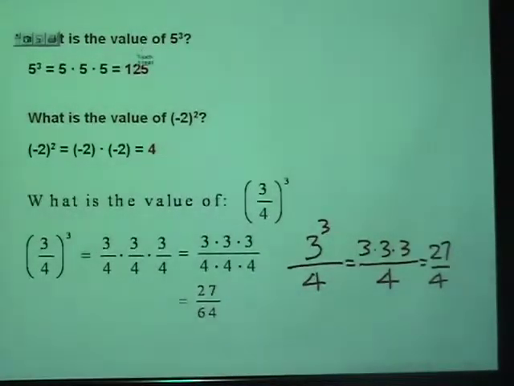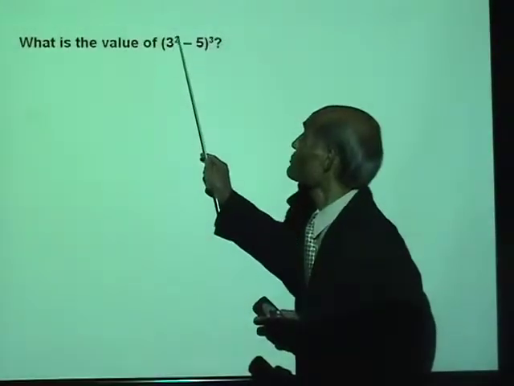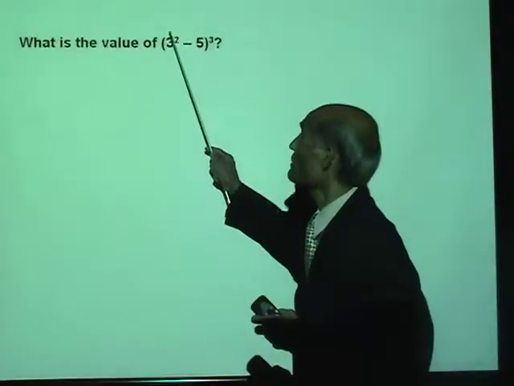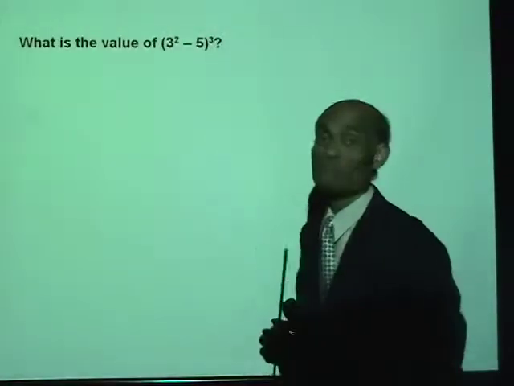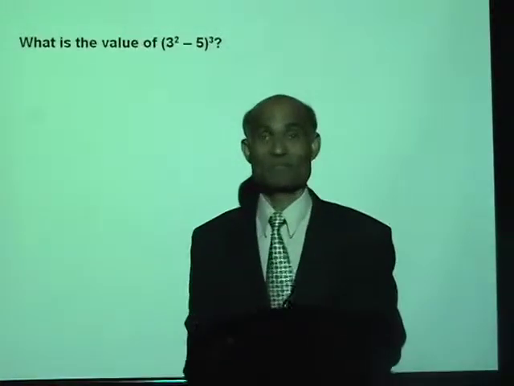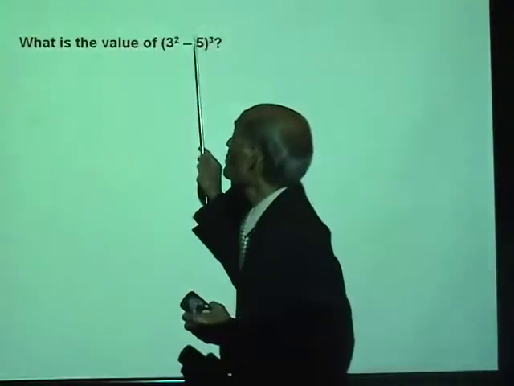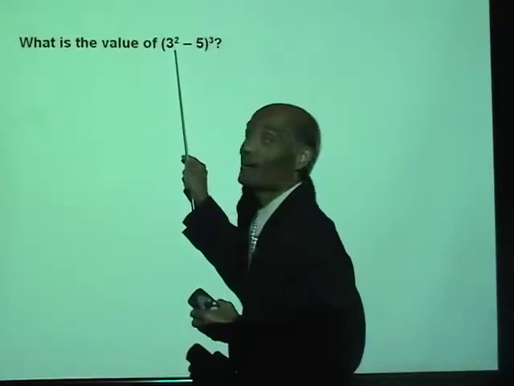Alright, let's move on. What is the value of 3 to the power of 2 minus 5, in parentheses, all raised to the power of 3? Look at that. The quantity is raised to the power of 3. Well, what will you do there first? Well, first you need to evaluate the exponent here.